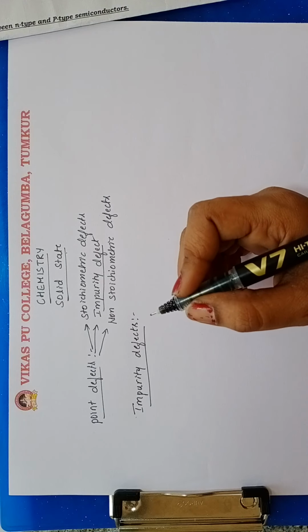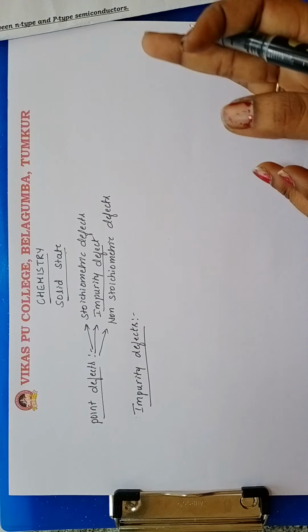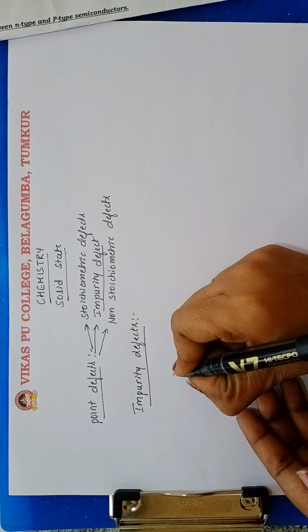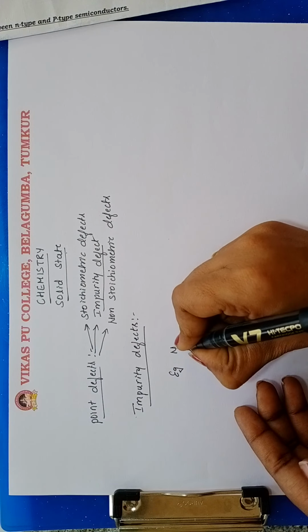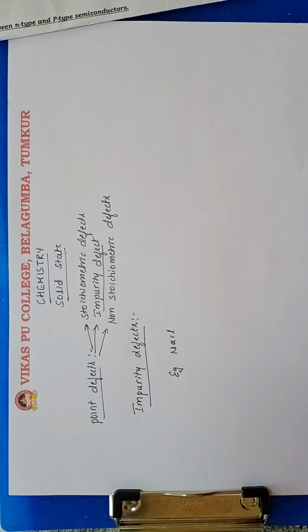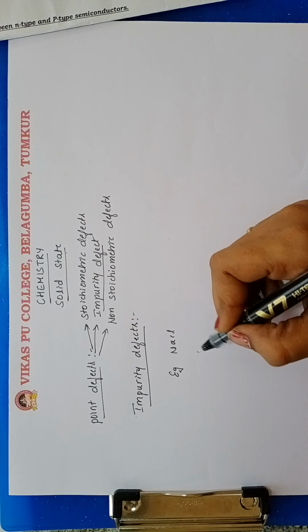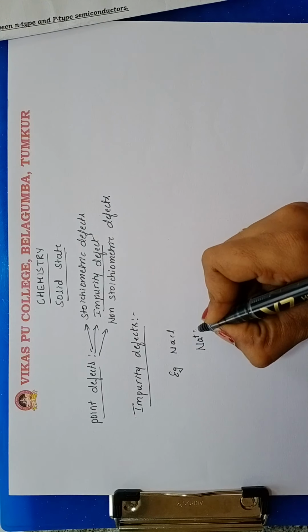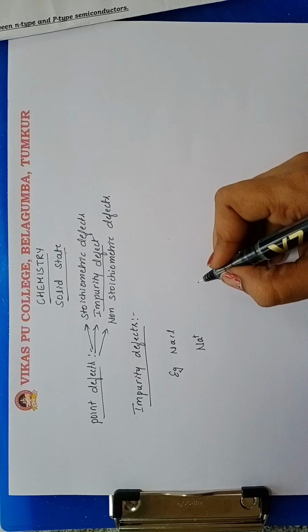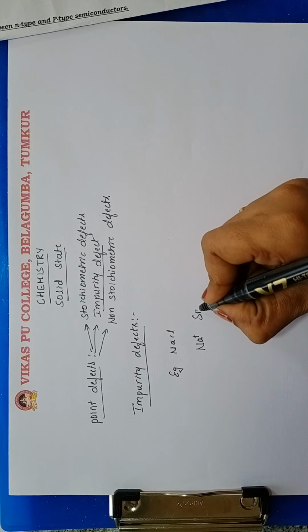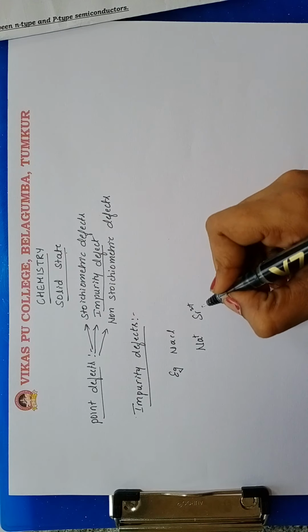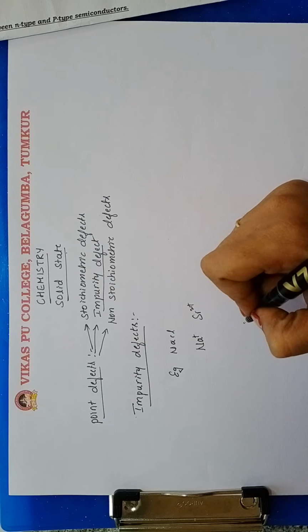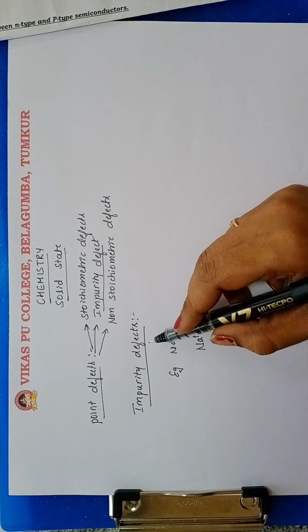Foreign atoms means atoms other than those of the crystal. Suppose you take sodium chloride: instead of sodium, Na plus, some other foreign atom, such as strontium, 2 plus, may occupy the lattice sites. That we call an impurity defect.